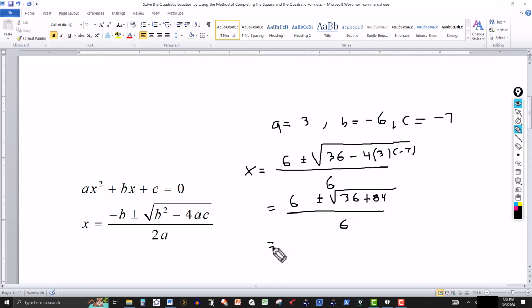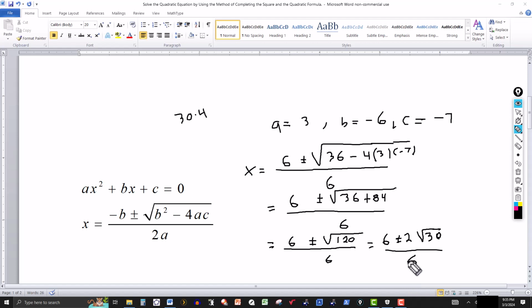So simplifying the radicand here, 36 plus 84 is 120 over 6, and 120 is 30 times 4. That's under the radical, so I take the square root of the 4, that'll give me a 2. So the square root of 4 would be 2, that comes outside the radical. And then the square root of 30 stays under there, it's over 6.